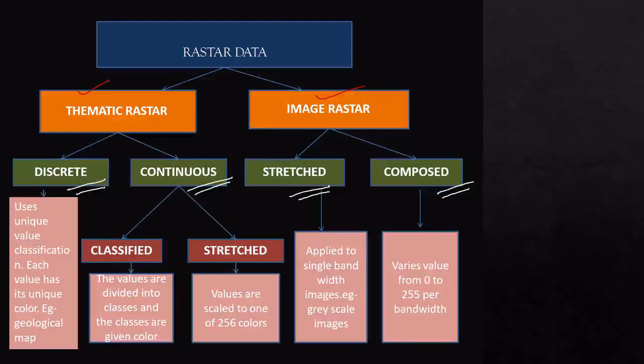Now, image raster is classified into stretched data and composed data. So, in case of image raster data, if it is stretched, it can be applied to single bandwidth images like grayscale images, and composed data varies from 0 to 255 per bandwidth.